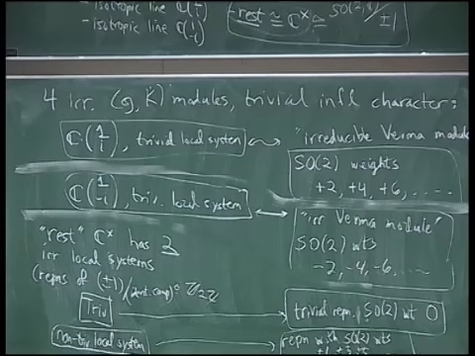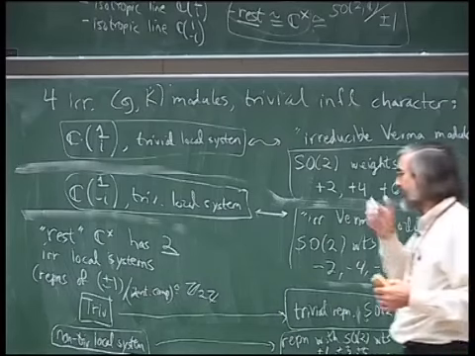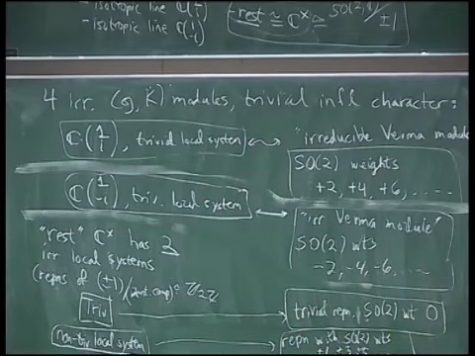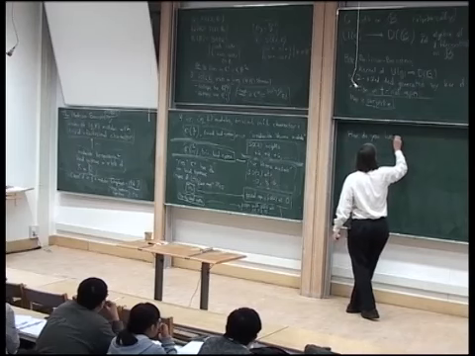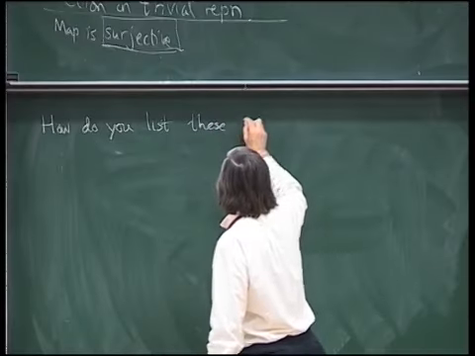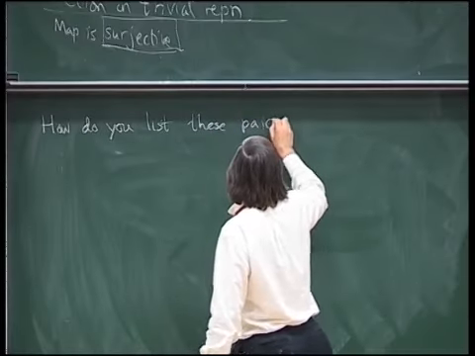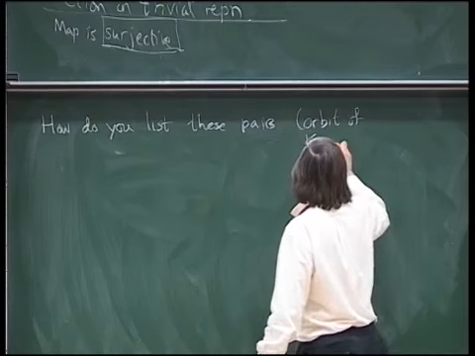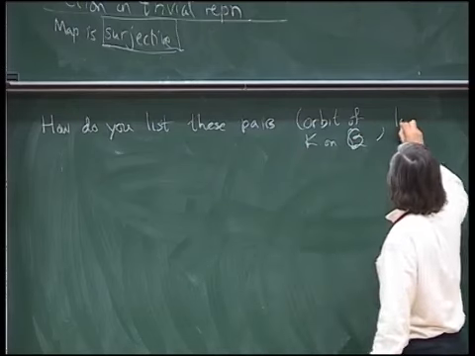So what I want to do, I think it's relevant to say, how do you list these pairs of an orbit of K on B and a local system?